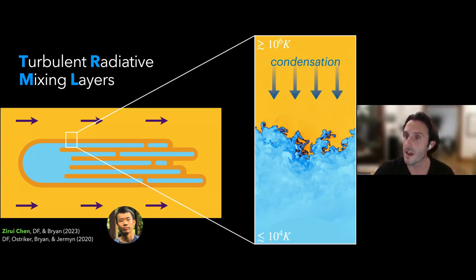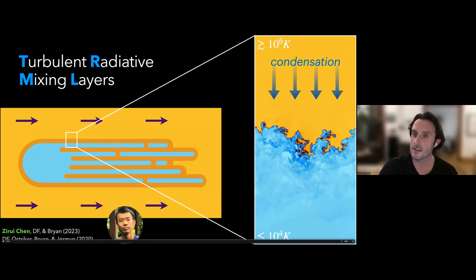And this loss of energy leads to a net condensation from above of the hot phase down into the cold phase. And what's really crucial here is that this brings fresh material into the cold phase, but it also brings with it its kinetic energy and its momentum.